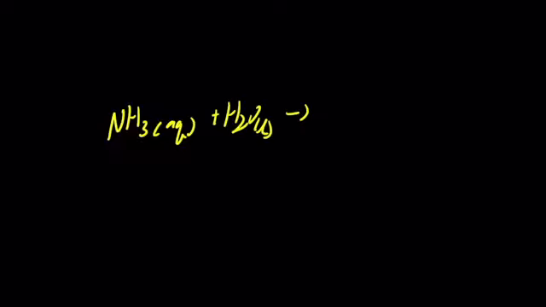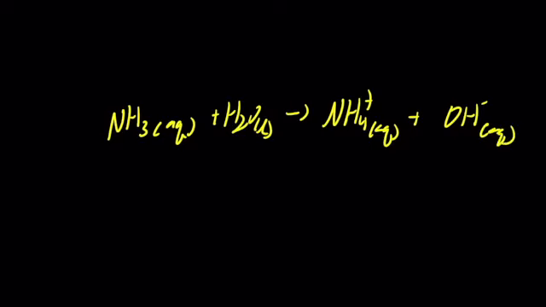Well, we know that it ends up being NH4 plus, and we have a hydroxide ion, and we know for a fact that NH3 is our base, and water ends up being our acid.